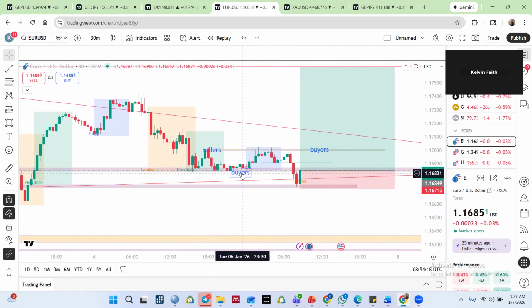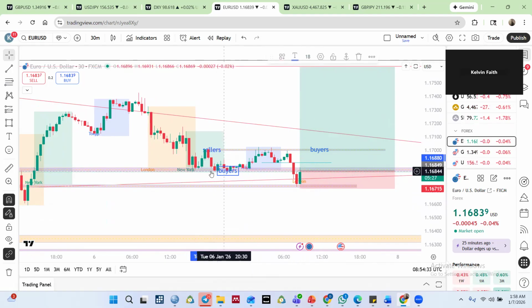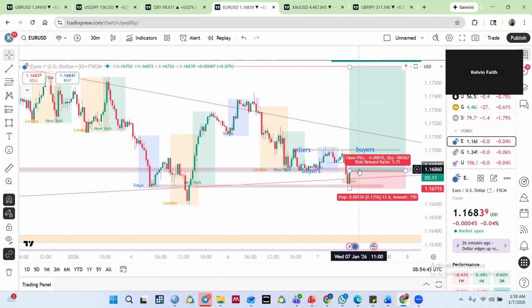Second is to look for price to give a bullish support, like the 30 minutes support currently being created, and look for at least two bullish 30 minutes candles to close, and price staying above this internal buy zone, the buyers that were crashed. Once price is staying above this area, I can take an early entry here.